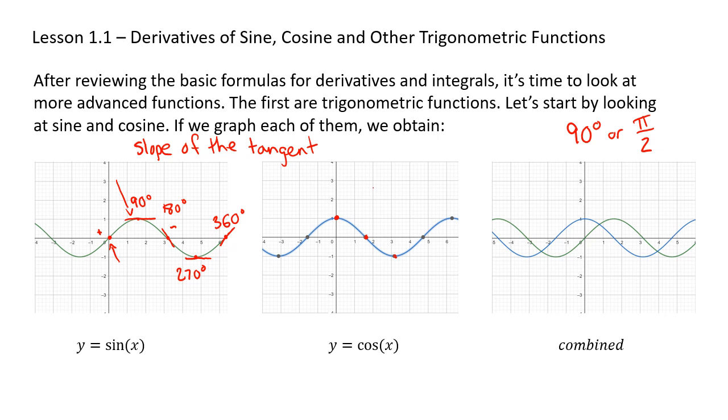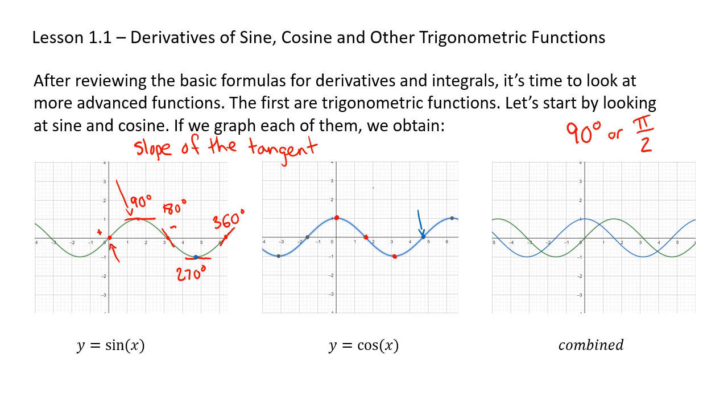At your fourth point, the slope again is 0, and tracing that out, the same point on the cosine graph is 0.